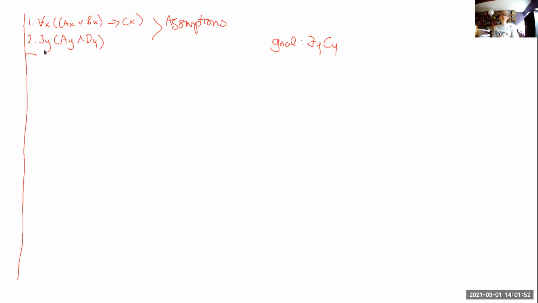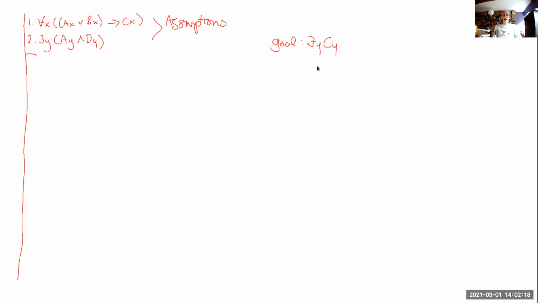And then this says there is something that is both A and D. But if there's something that's A, well, then it's going to be either A or B, and therefore it meets this universal condition in the first premise, so it's going to be C. So whatever thing is both A and D is going to be the thing that is C. So there you've got kind of a sense of why this is something that should work.